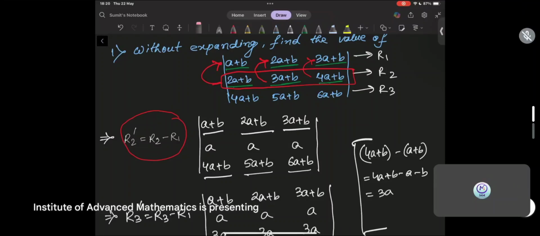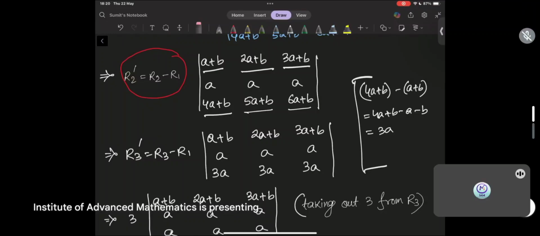After that we can do R3 dash equal to R3 minus R1, that means R3 will be changed. R3 is in this position, so the elements of R3 will be subtracted by R1, right? So 4a plus b minus a plus b will give you 3a, then 5a plus b minus 2a plus b will give you again 3a, and 6a plus b minus 3a plus b again will give you 3a only, okay?